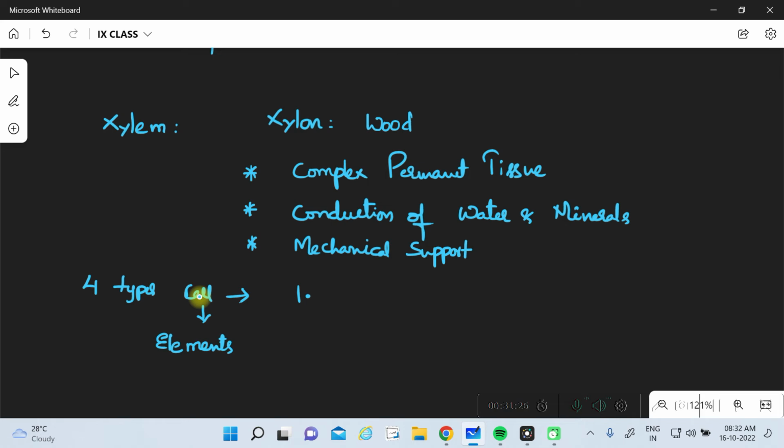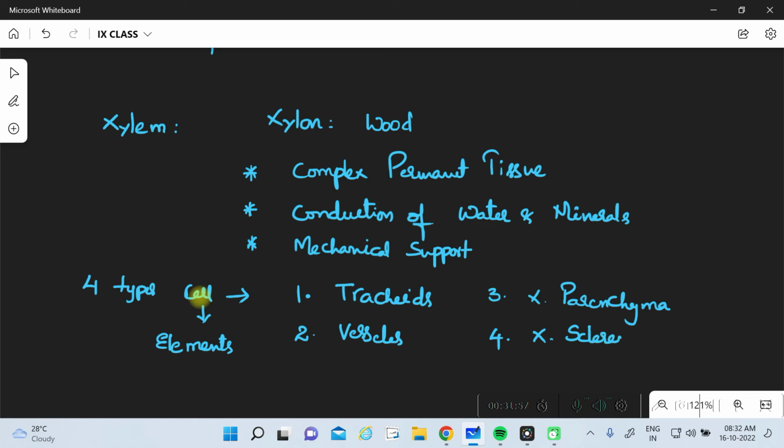They are number one, tracheids, and number two, vessels. Number three, xylem parenchyma. So in the xylem, parenchyma tissue is also present, and that's why we call it xylem parenchyma. Fourth, xylem consists of sclerenchyma also, so it is xylem sclerenchyma.